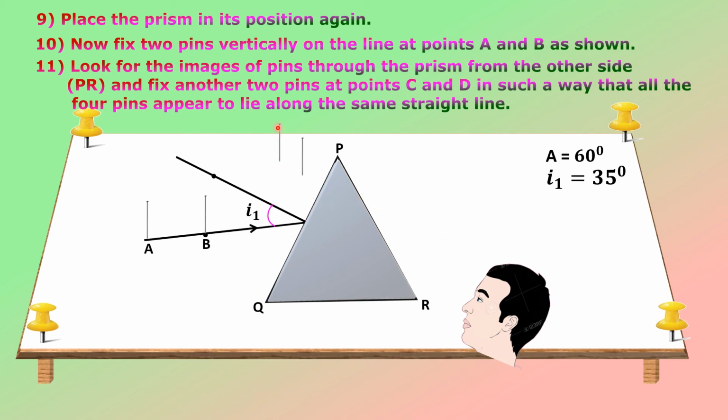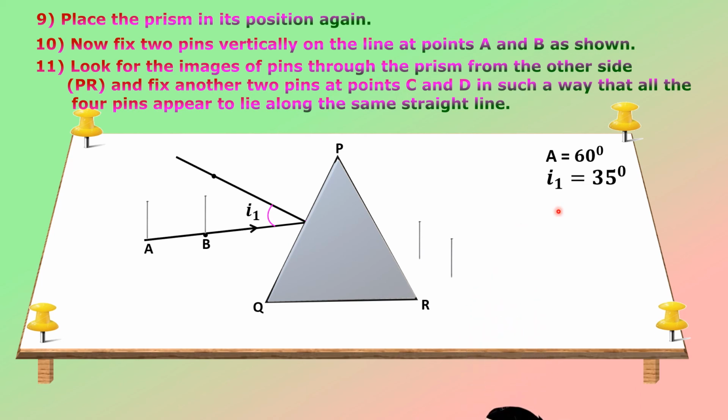These are the images of these two pins. Now I am going to fix two more pins in such a way that all the four pins lie along the same line. See here, if you draw a line, all are on the same line. That's all. So I have fixed two more pins at the points C and D.